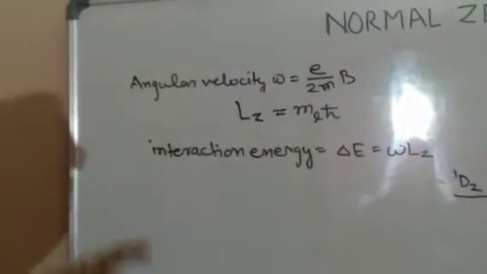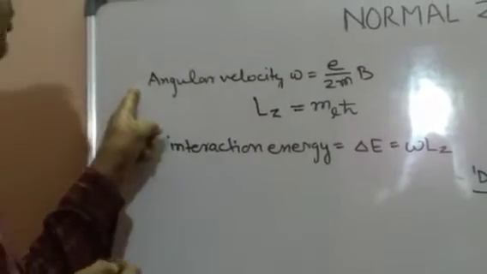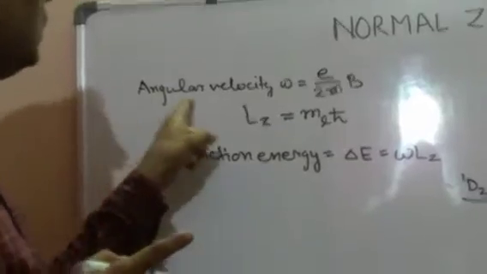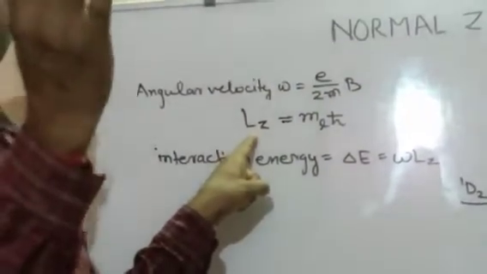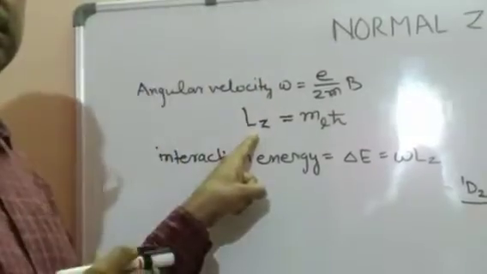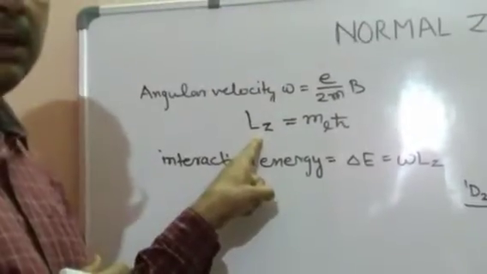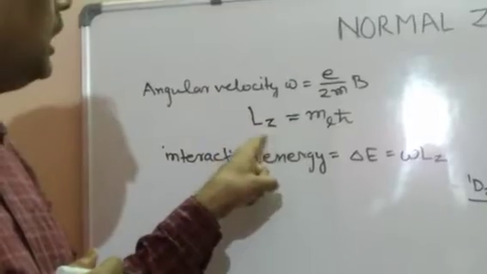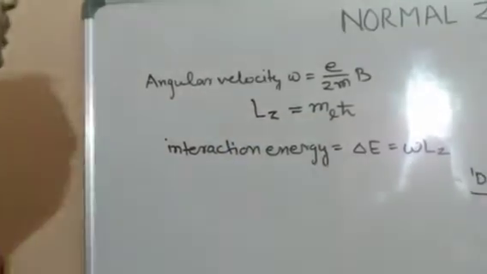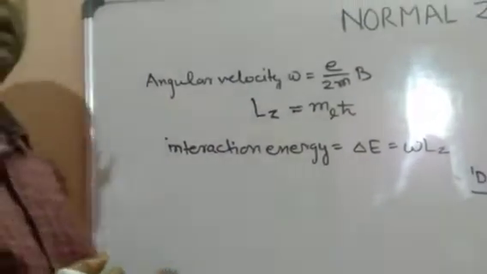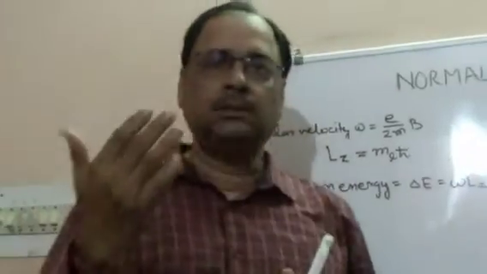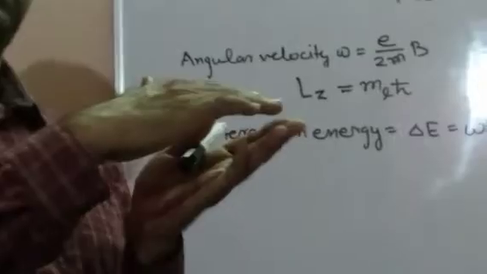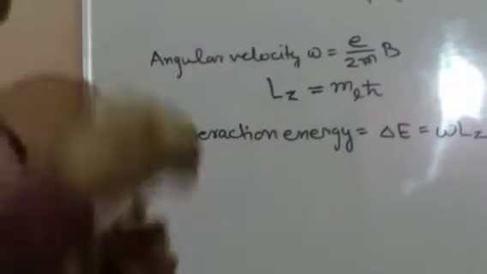Now, from Larmor's theorem, the angular velocity omega is this, and this is the projection of orbital angular momentum on the z-axis, that is, the direction of the applied magnetic field. So you take Lz as ml h cross. What will be the interaction energy? This interaction energy will provide a change in the atomic energy states.